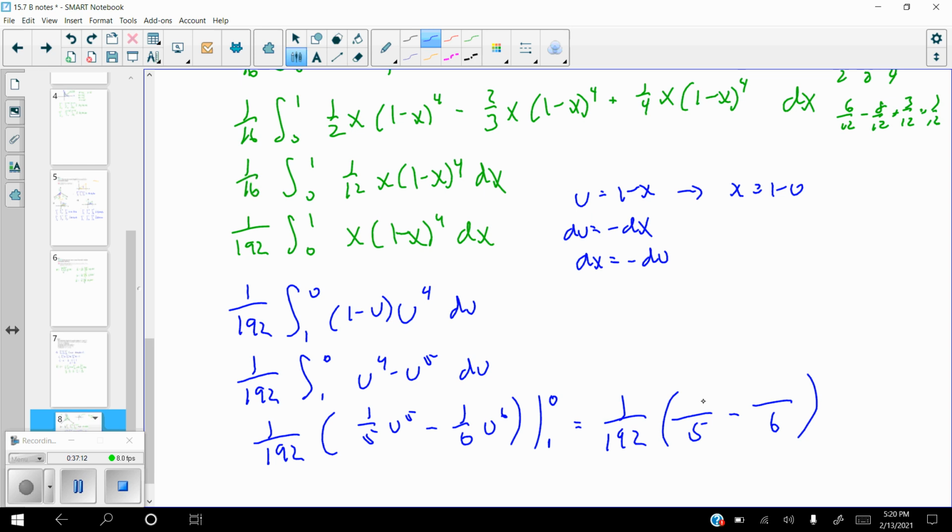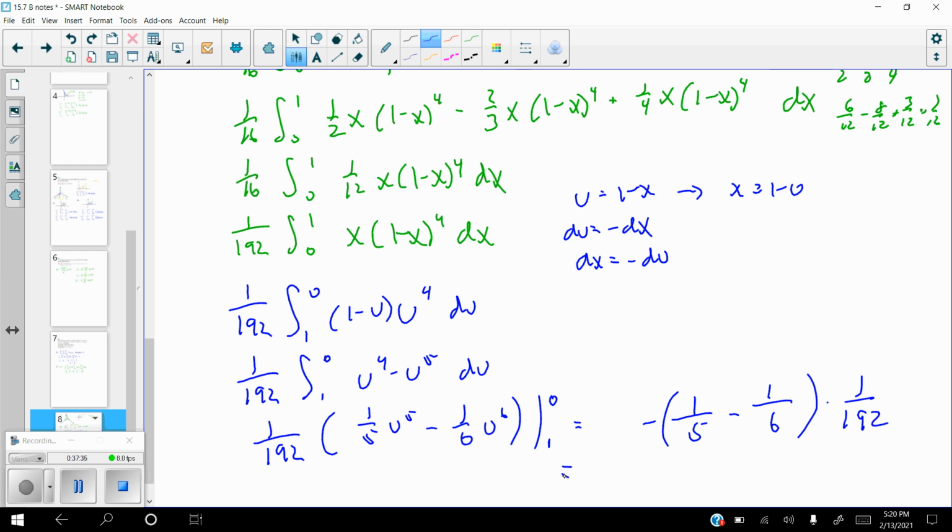0 is going to give me nothing. 1 is going to give me a fifth and a sixth, but that would have been subtracted. So really that needs to, let me erase this, be a negative of all of that. And then I'm going to have to multiply that by 1 over 192. So let's see, that's going to be 1/5 minus 1/6.